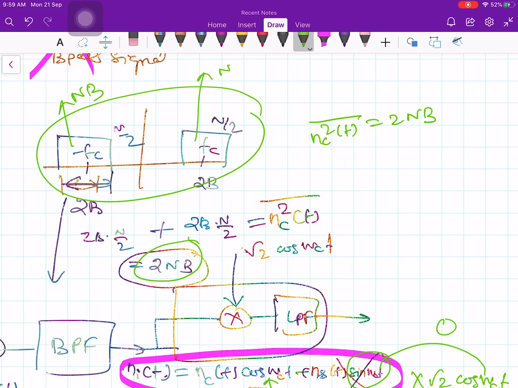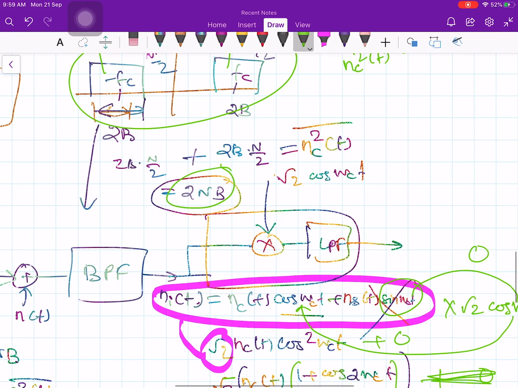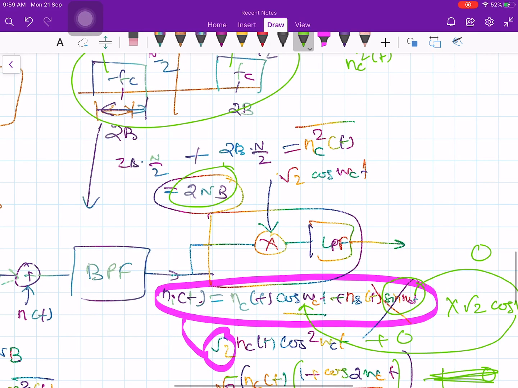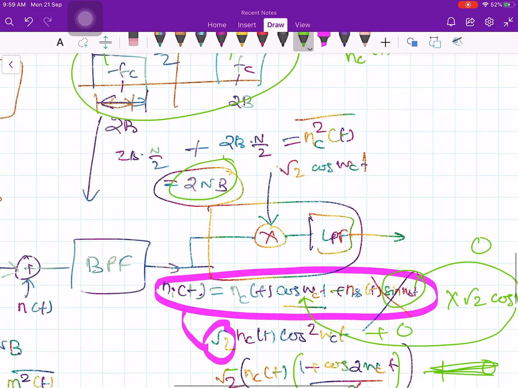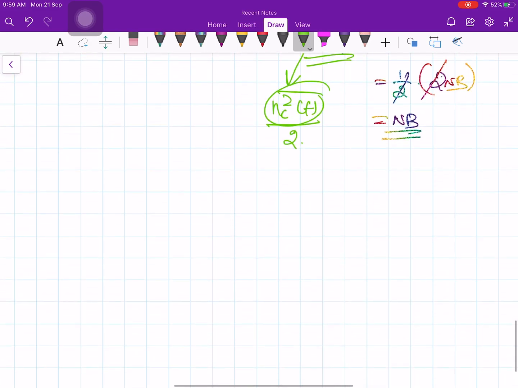Therefore it becomes 2NB. S naught by N naught is equal to m square bar of t divided by NB.